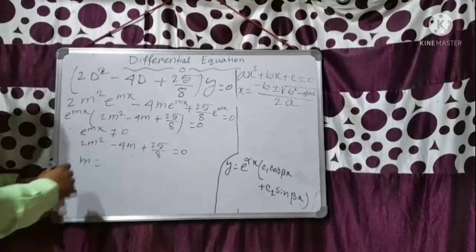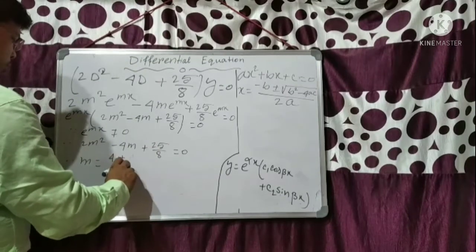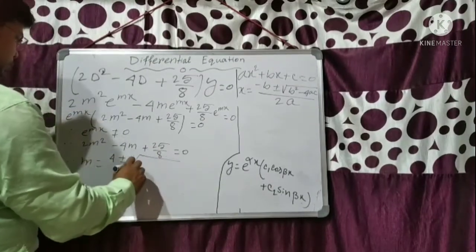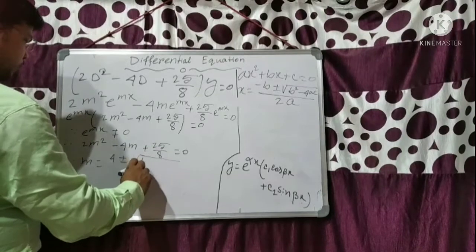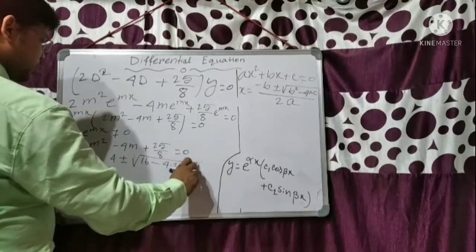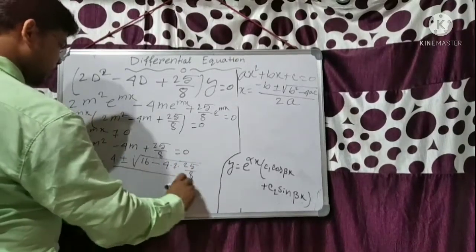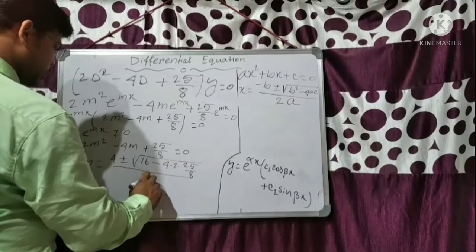Okay, so the value of m will be minus b means plus 4 plus minus root over b square means minus 4 whole square means 16 minus 4 into a into 2, c means 25 by 8, okay, by 2 into a means 2.